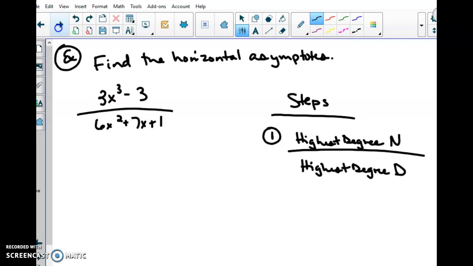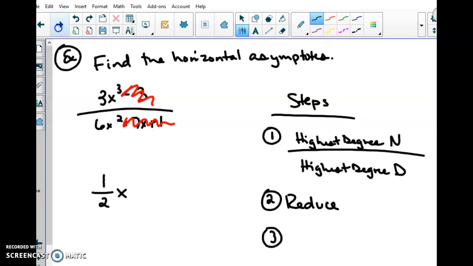If I'm doing that, what that means is I can cross off or cancel everything else that is not the highest degree. So I'm going to cancel out that negative 3. I'm going to cancel out this plus 7x plus 1. Now I'm looking at this 3x cubed over 6x squared. So step 2 is to reduce. If I'm reducing this, this is going to go down to 1/2 x.